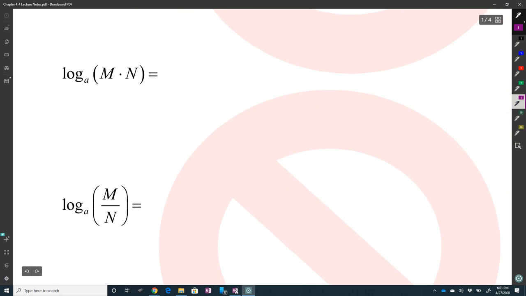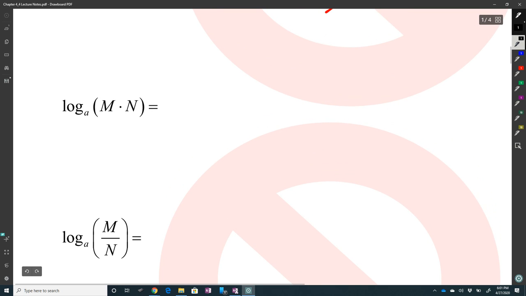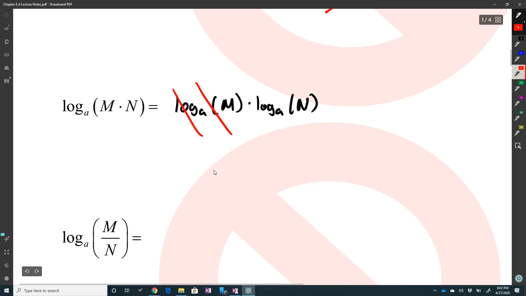The other thing that angers Gilbert is that when people see this and they say, oh, this is just log base A of M times log base A of N, that is also forbidden. You have to use the rule.